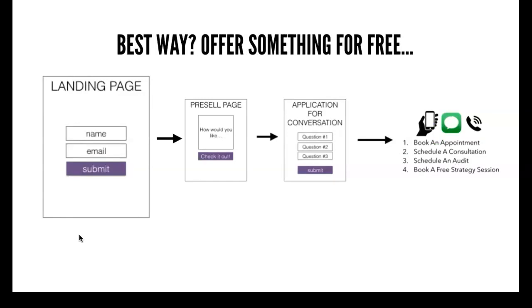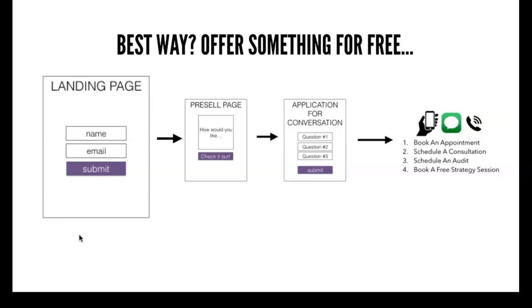So now, moving to the next step. What is the best way to start this whole process? Okay, I want you to put yourself in your client's shoes for a minute. I want you to really think like your ideal customer. They have no idea who you are. They have no idea what makes you different, what makes you unique, why they should work with you, right? And so what has to happen is we have to start that relationship somehow.